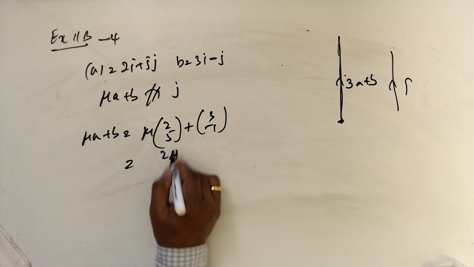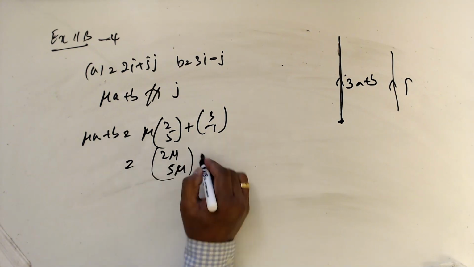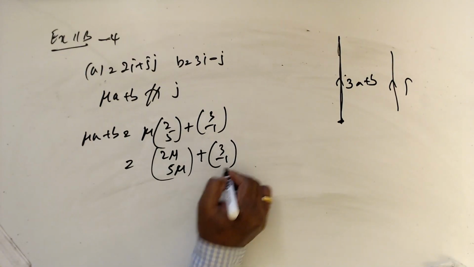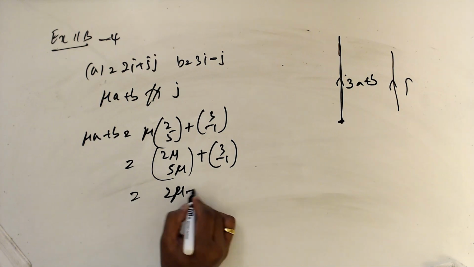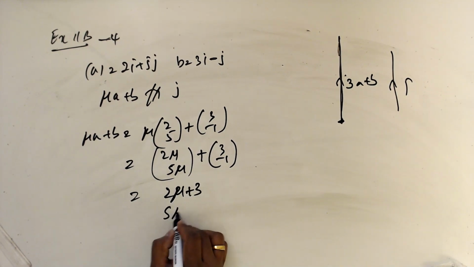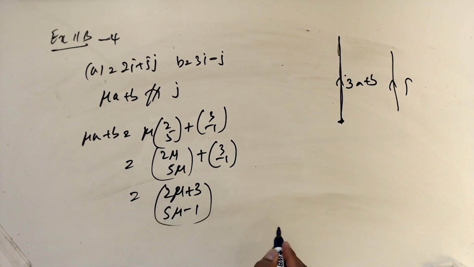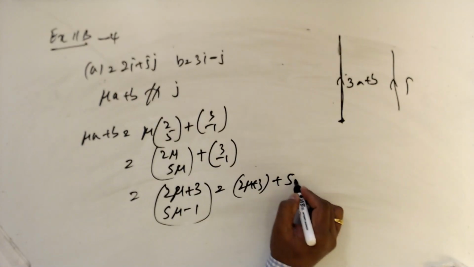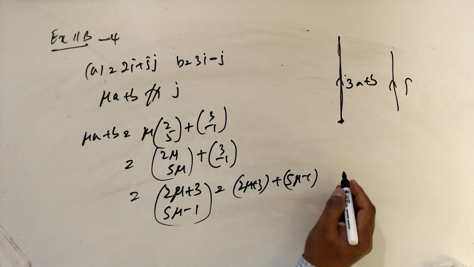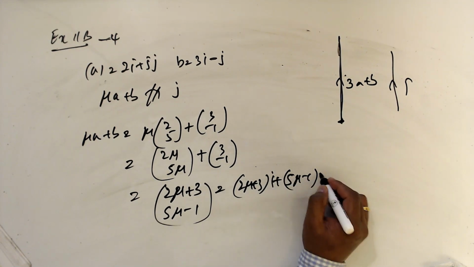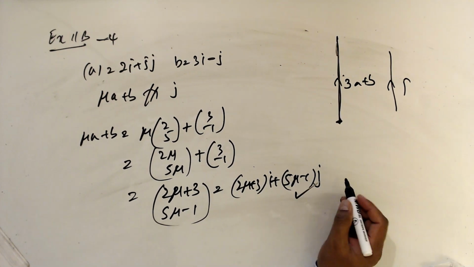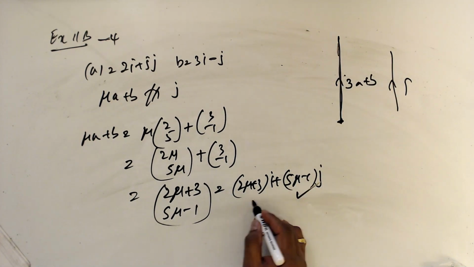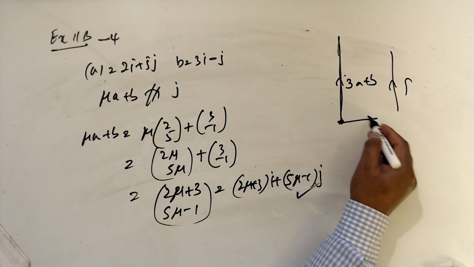That is 2 mu plus 3 and 5 mu minus 1. So this is i and this is j. j is fine, we need j, but there is no i. i is in this direction.